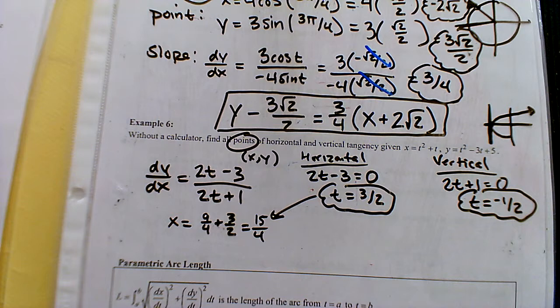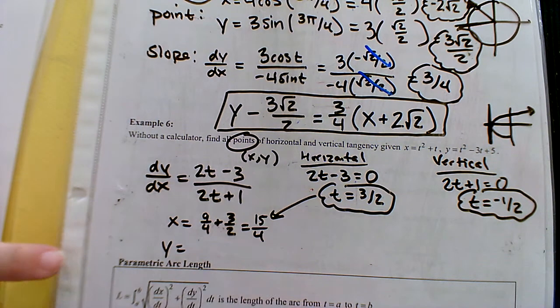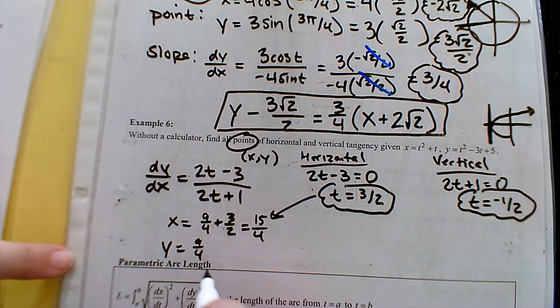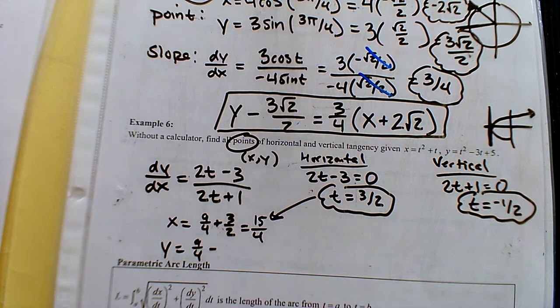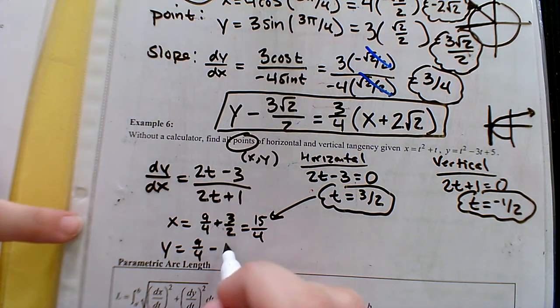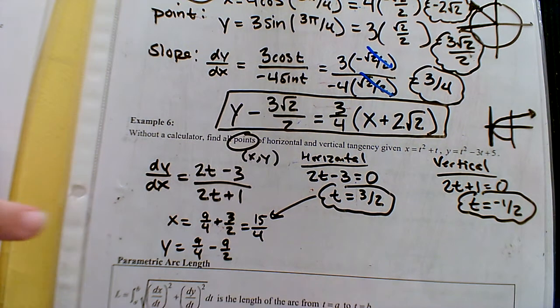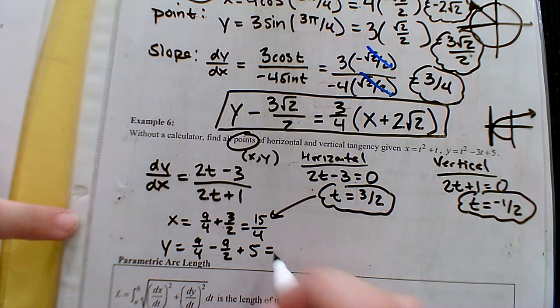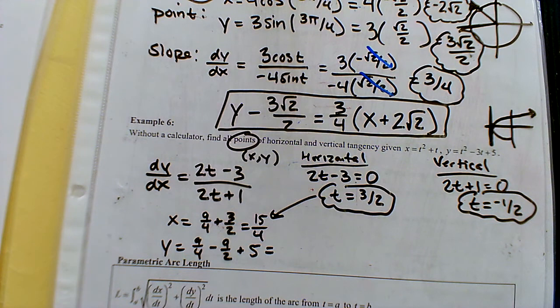And then we've got to do the same thing for the y equation. So 3/2 squared, we have 9/4, minus 3 times 3/2 would be 9/2, plus 5. Common denominator would be 4 again.